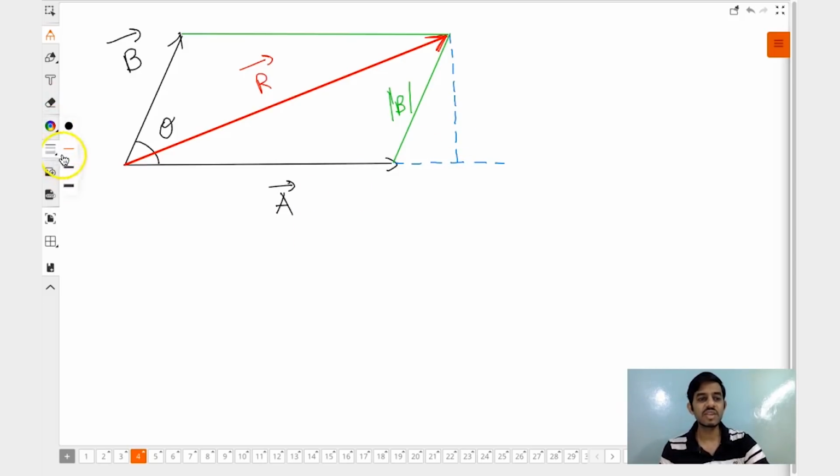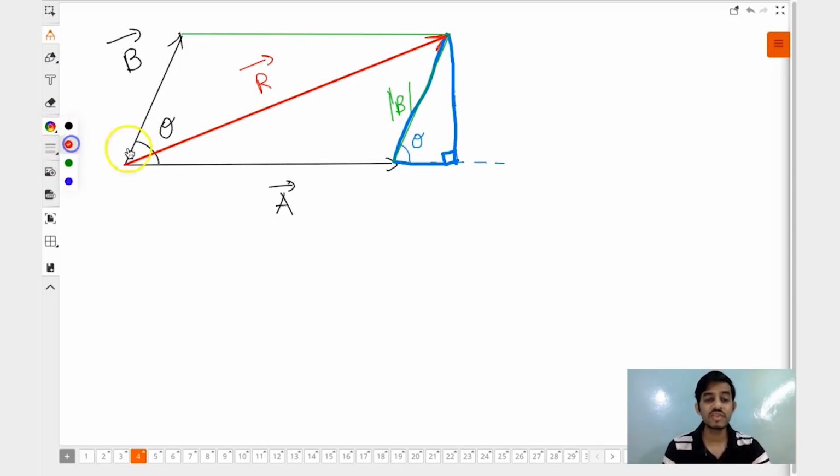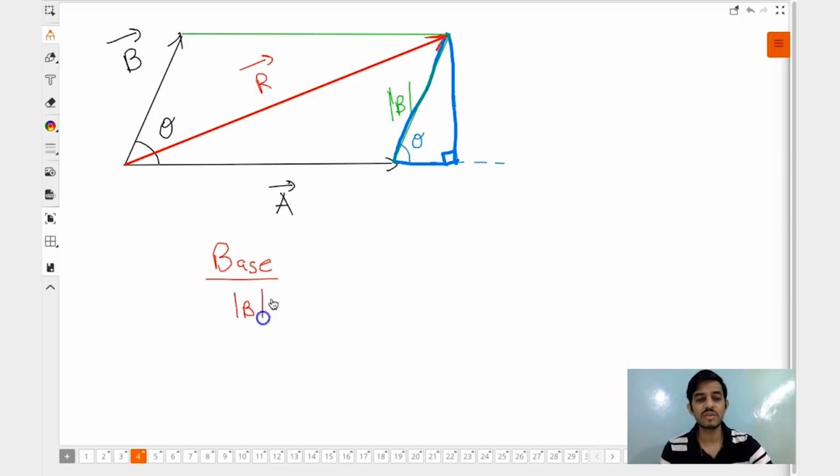Okay guys, now just observe, just focus on this right angle triangle. Okay, this blue right angle triangle. If this is B, its magnitude will also be B. If this angle is theta, this angle will also be theta. Now in this triangle, base upon hypotenuse will be equal to cos theta.